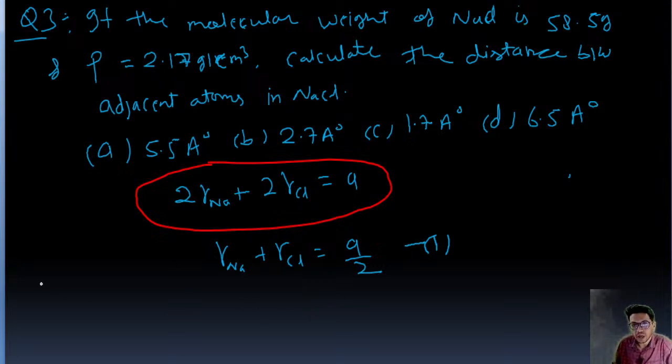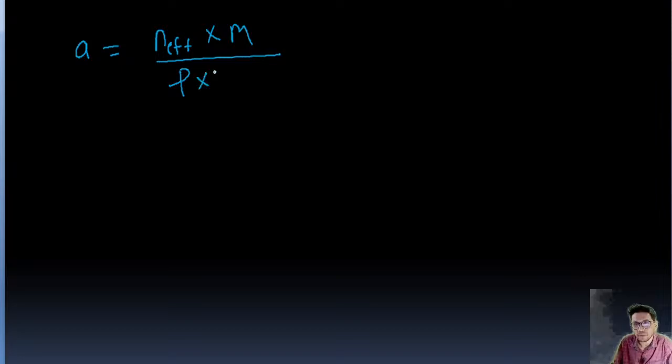Now we have a formula, which I have already explained. a equals N effective into molecular mass upon density into Avogadro number N_A, all to the power 1 by 3.